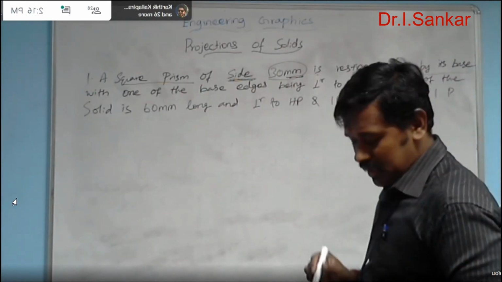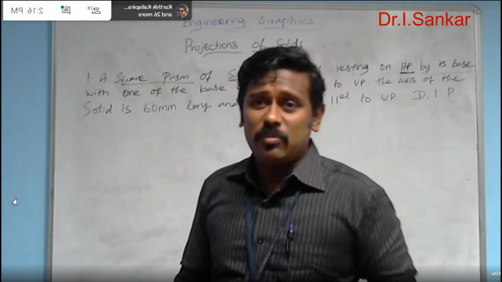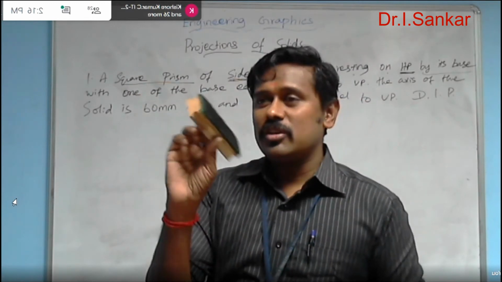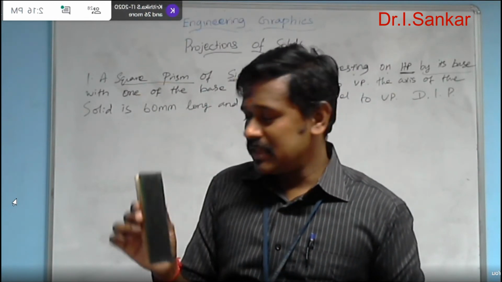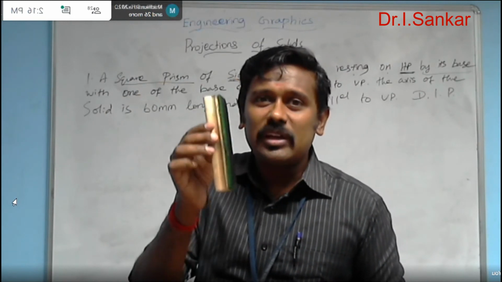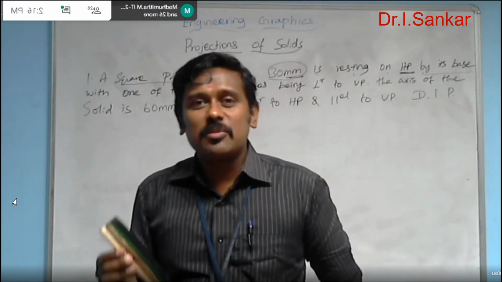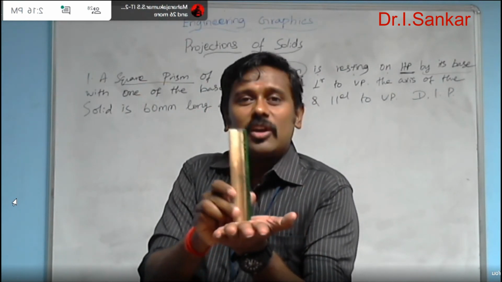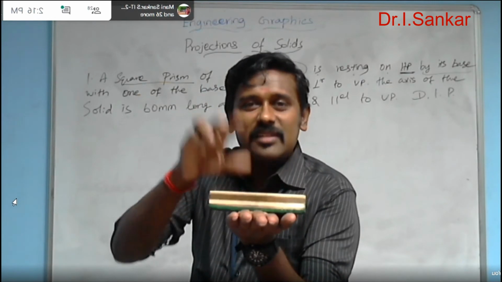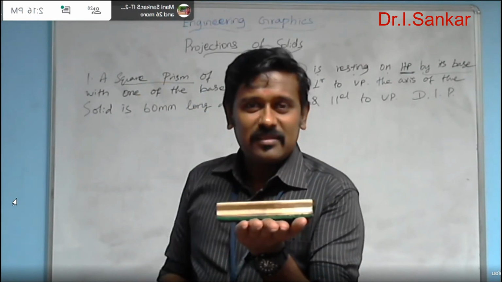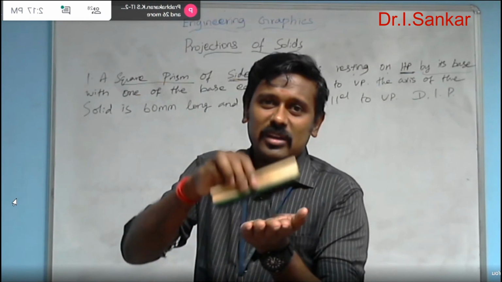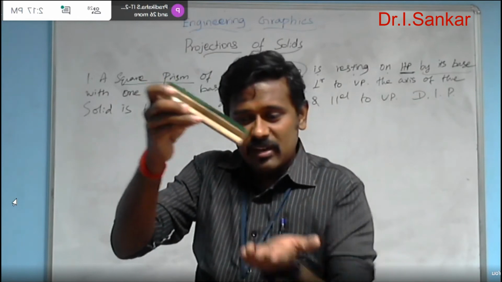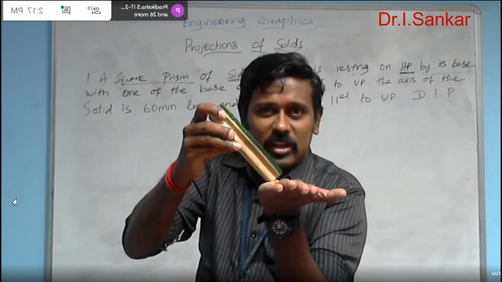The object can rest on HP by any of its elements. For example, for a square prism, if you are to make it rest on the horizontal plane, what are all the possibilities? You can make it rest with the base completely, or by its side surface. You can make it rest with a base edge alone, where a line contact is established.